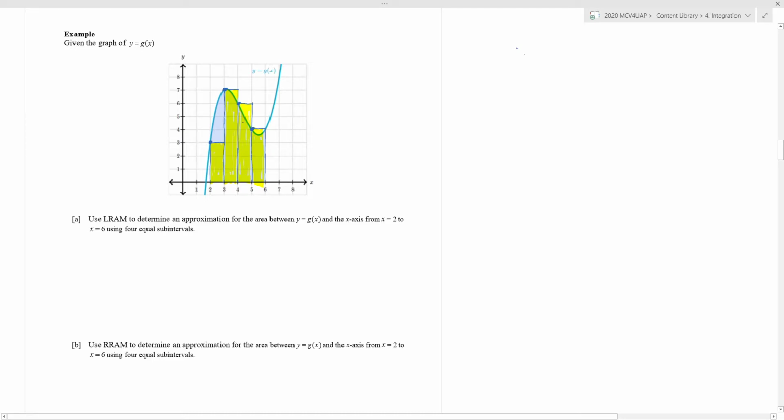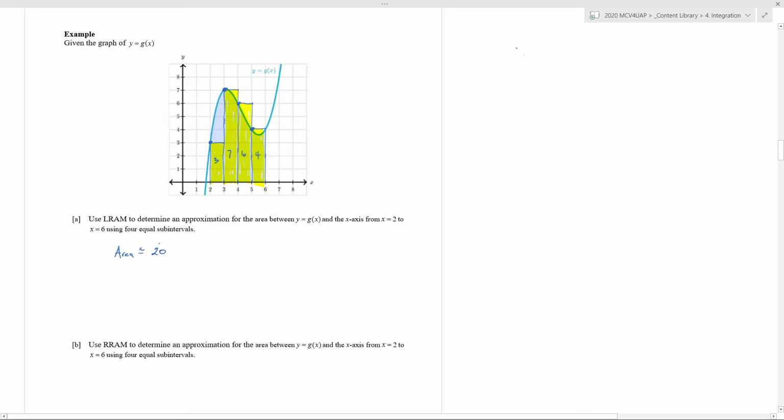And now all you do is count the squares. So we've got 3 here, 7, 6, and 4. So the area is approximately equal to 20.